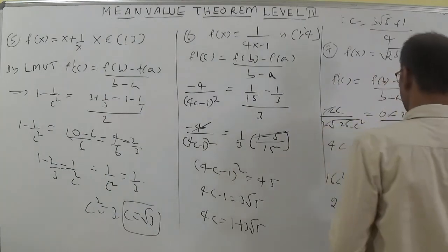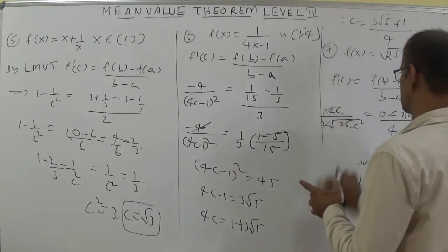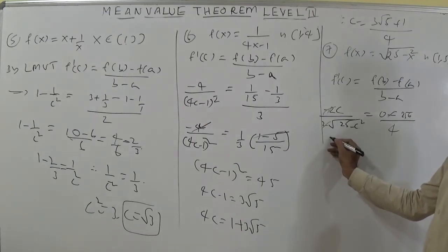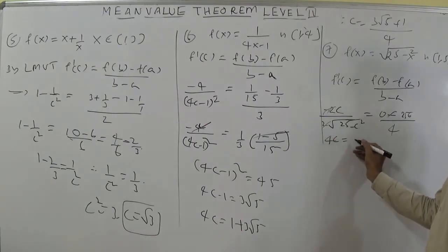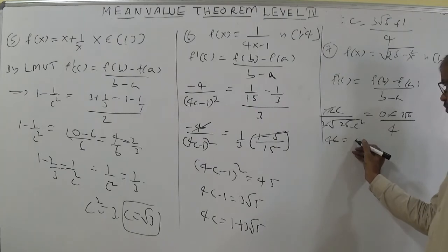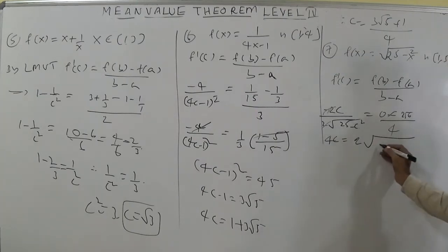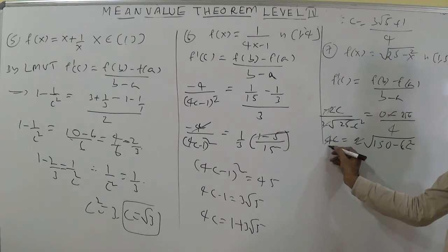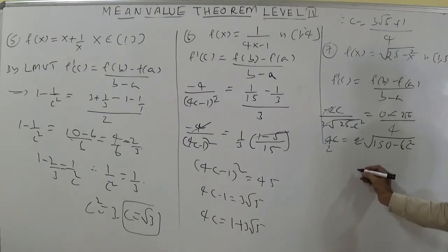4c is equal to 2 into... Just let us verify. 4c is equal to, I am writing, 4c is equal to 2 into 150 minus 6c square. This 2 gets cancelled here. Okay.